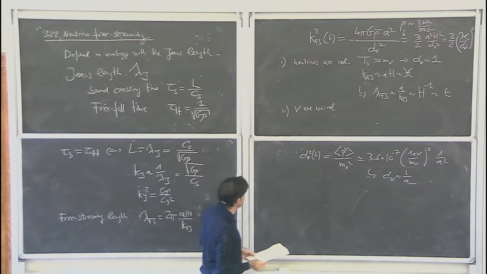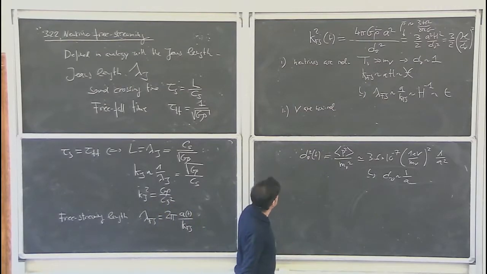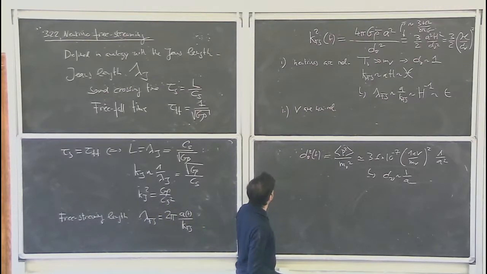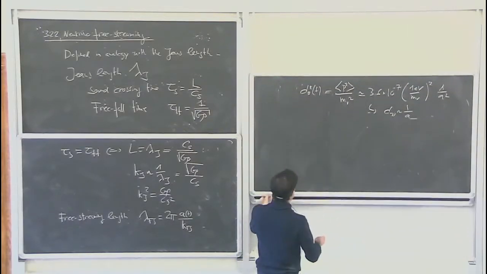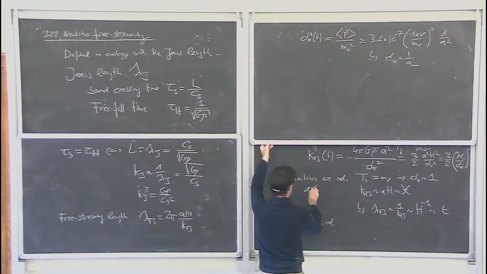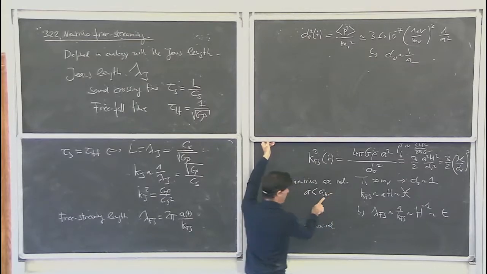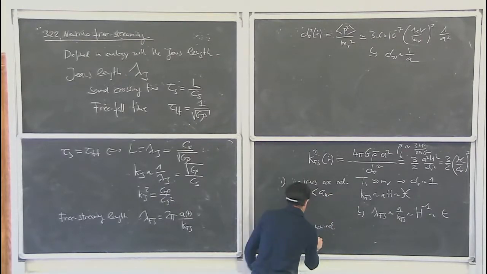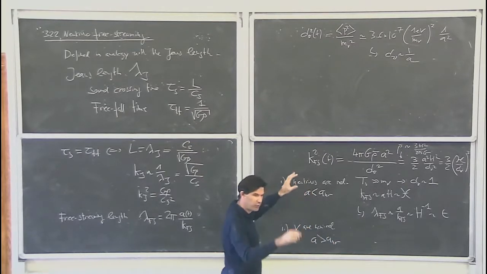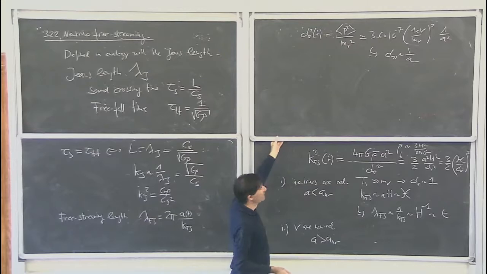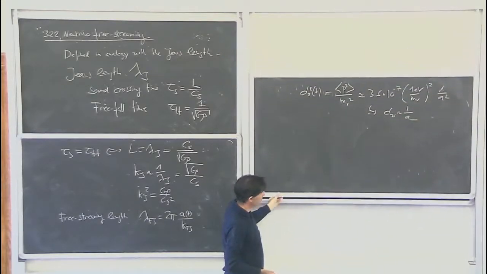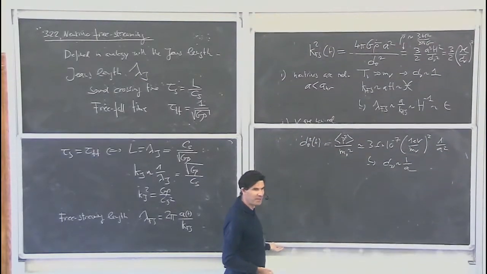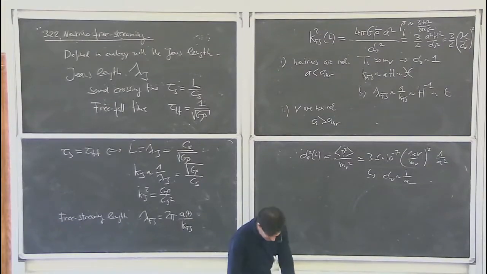So this happens once they become non-relativistic, that would be basically for scale factor greater than the scale factor at which they become non-relativistic, a greater than a_nr. I'm writing this because I will try to draw a plot. It will be the second figure you will see in this course.